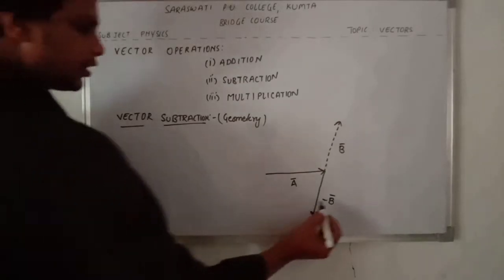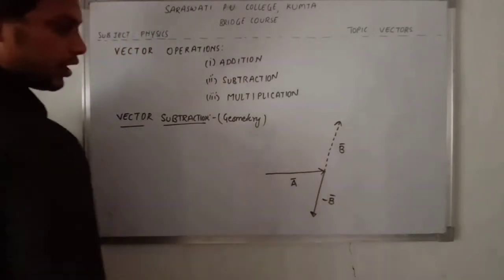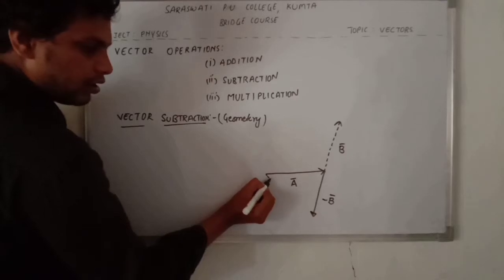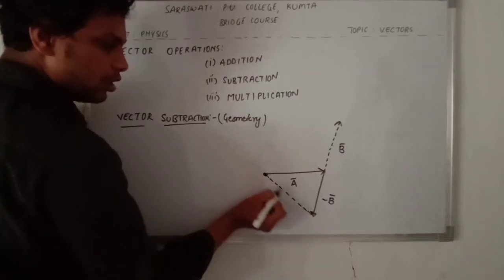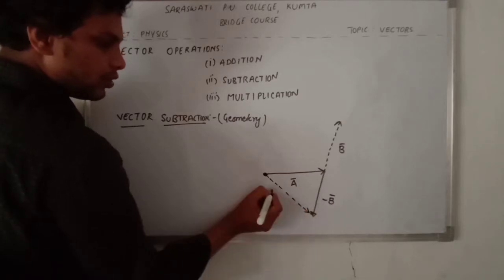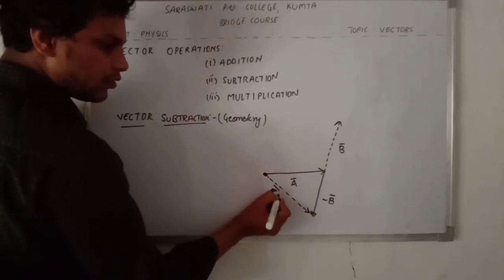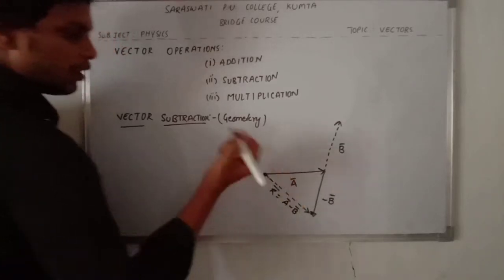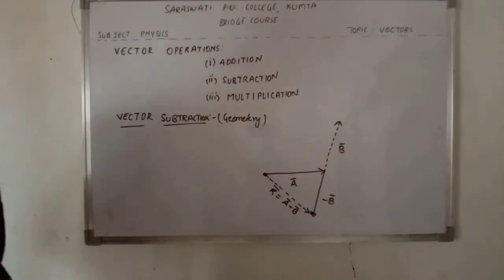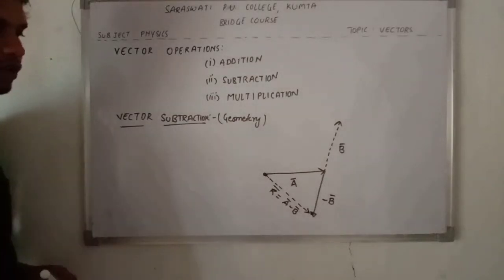This is the vector taken in the opposite direction. Now the resultant vector is from here to here, that is, from the tail of the first vector to the head of the second vector. This is taken as R bar is equal to A bar minus B bar. Now this is vector subtraction, or subtraction of a vector.